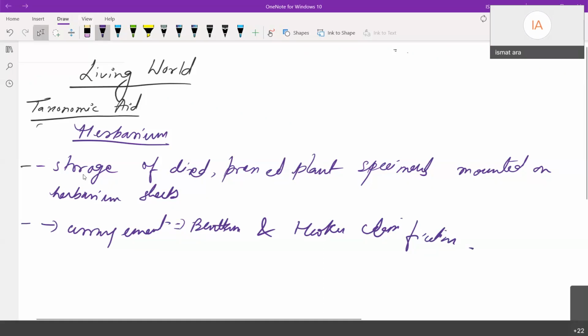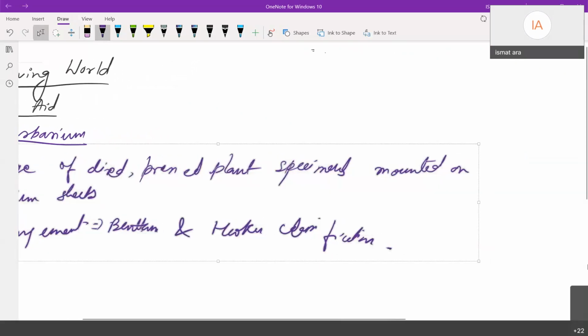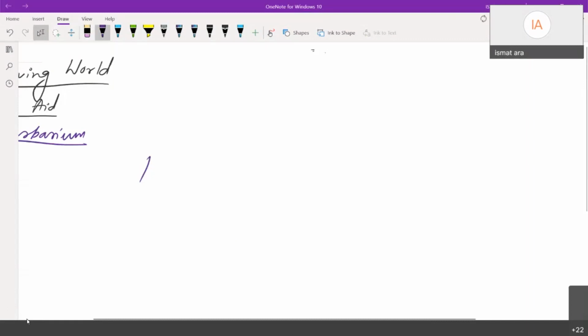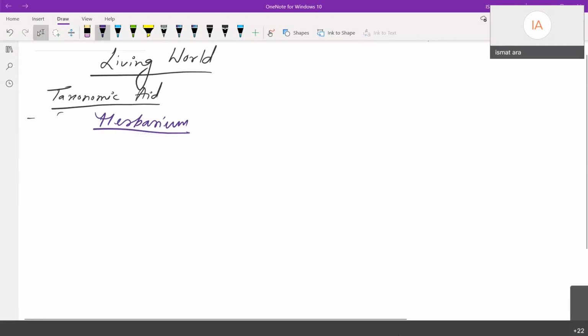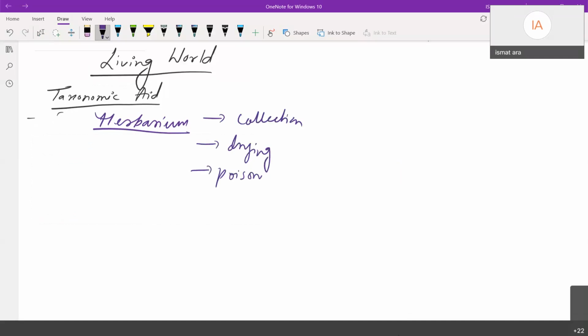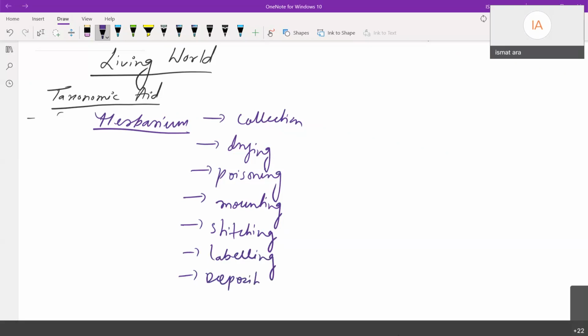The steps are: collection, drying, poisoning, mounting, stitching, labeling, deposition.